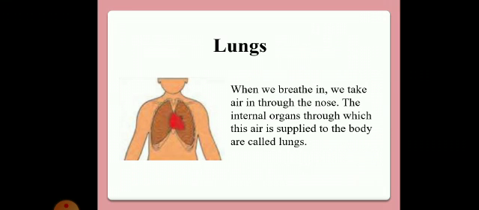Now, let us learn about lungs. When we breathe in, we take air in through the nose. The internal organs through which this air is supplied to the body are called lungs. We have two lungs. They are situated in the thoracic cavity, one on the right and the other on the left.